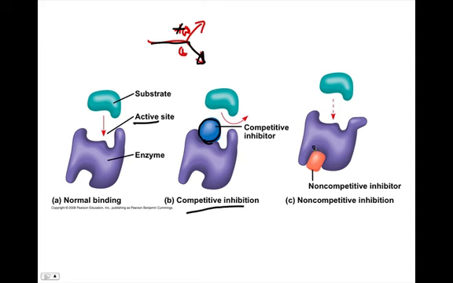Alternatively, non-competitive inhibitors bind to another site on the enzyme, change the shape of the active site, and reduce the affinity of the enzyme. The effect is the same: the competitive inhibitor and the non-competitive inhibitor shut down the chemical reaction.